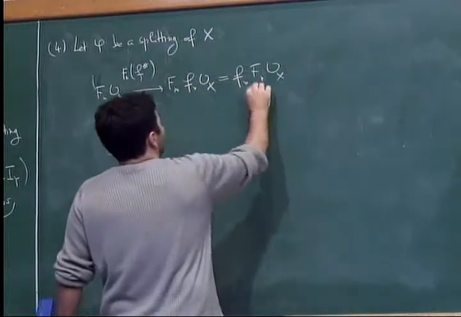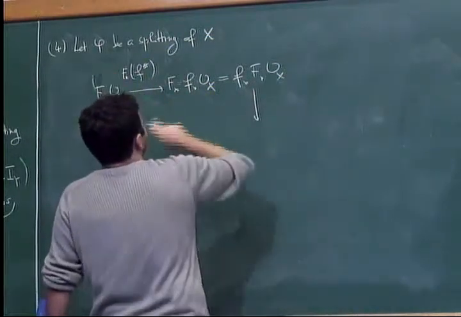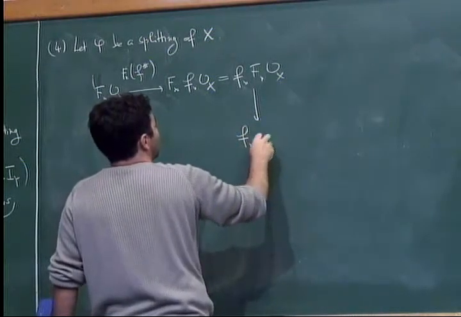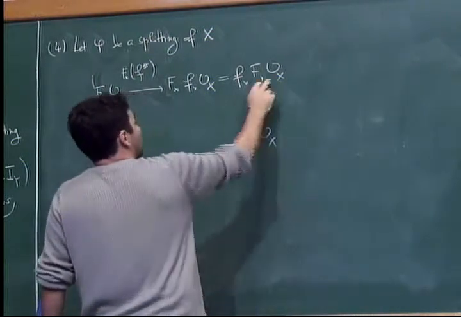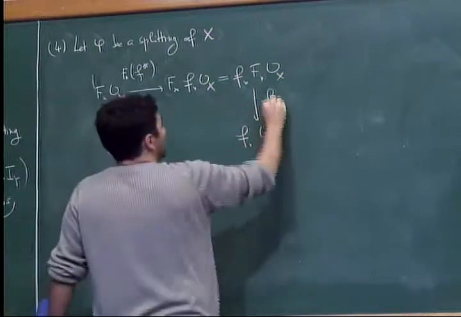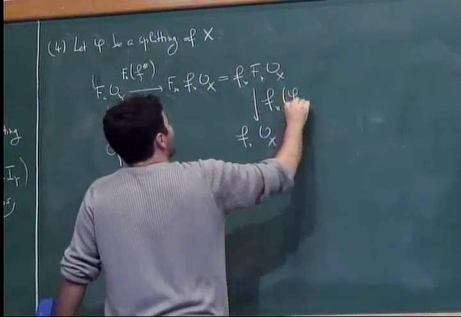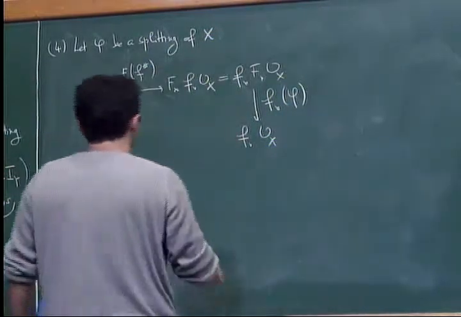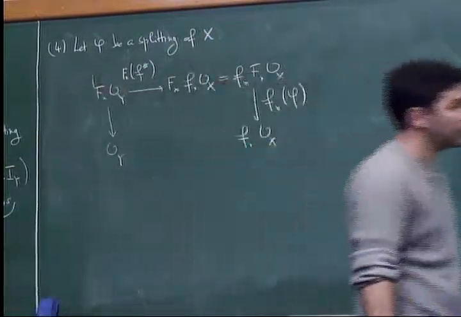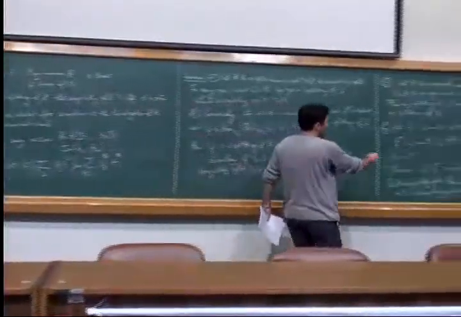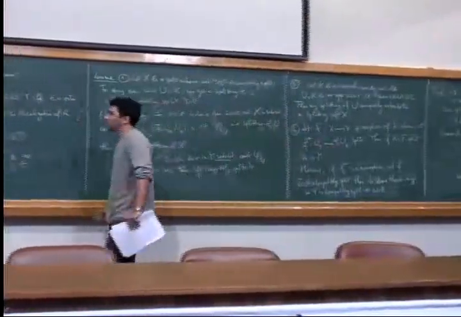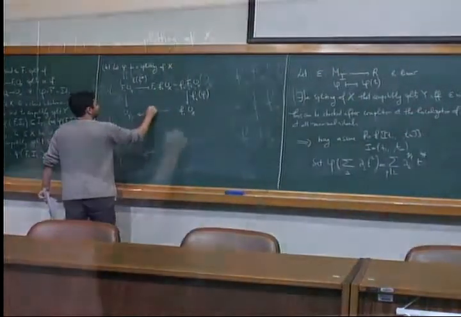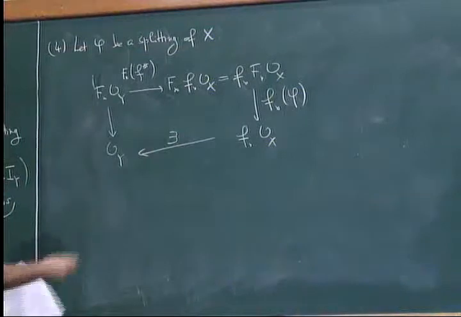Now, using the splitting of X, you get a map from F upper star from this one to this one. This is the push forward of phi, and since you are assuming that the pullback by F splits, you know that by assumption there exists something here. So call it pi.